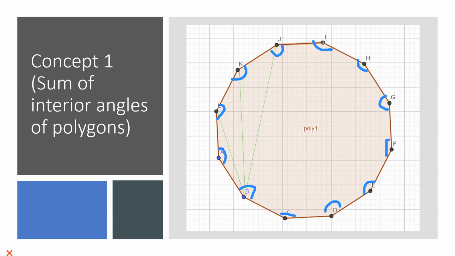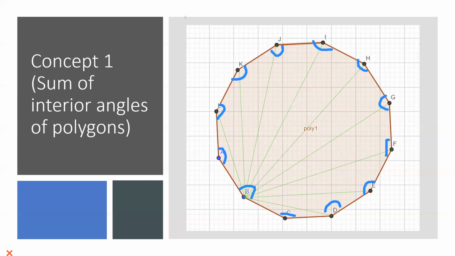Drawing it up. All right, now how many triangles do we have? 1, 2, 3, 4, 5, 6, 7, 8, 9, 10. All right, 10 triangles.